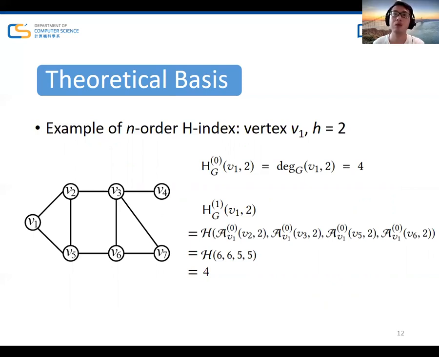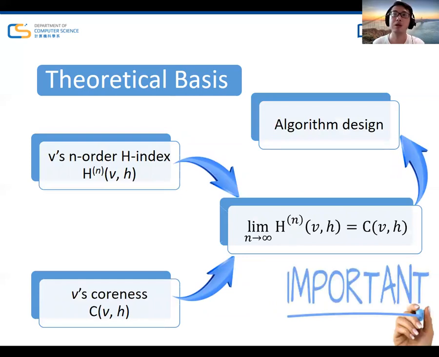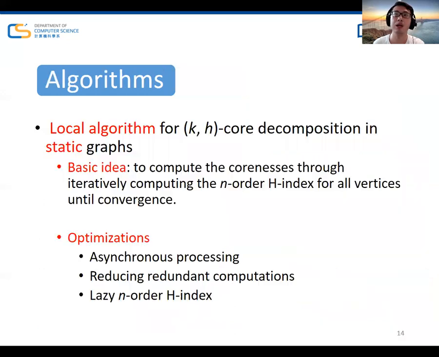When n equals 1, the n-order h-index of V1 is the h-index of V2, V3, V5, and V6's zero-order pairwise h-attainability index, which is 4. For the vertex n-order h-index and its coreness, we have the following theorem. When n is big enough, the vertex n-order h-index converges to its coreness. This theorem lays a solid foundation for our algorithm design.